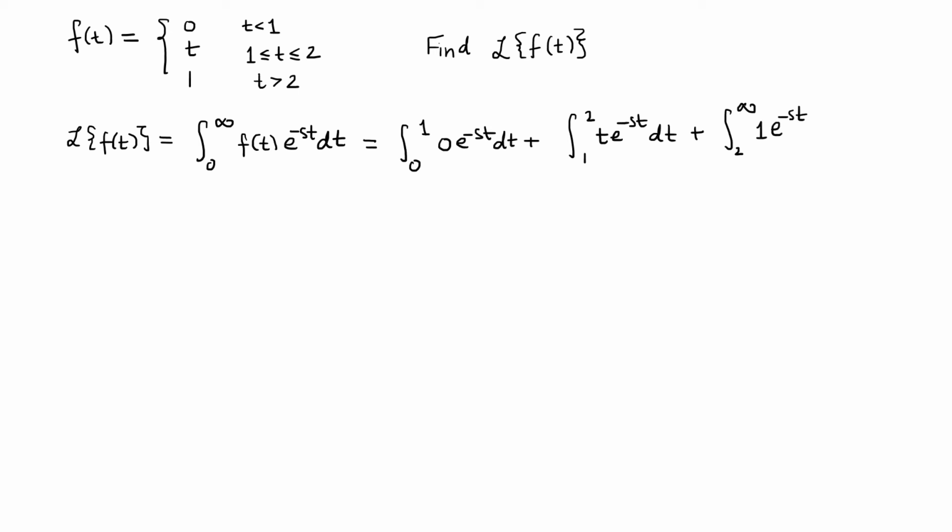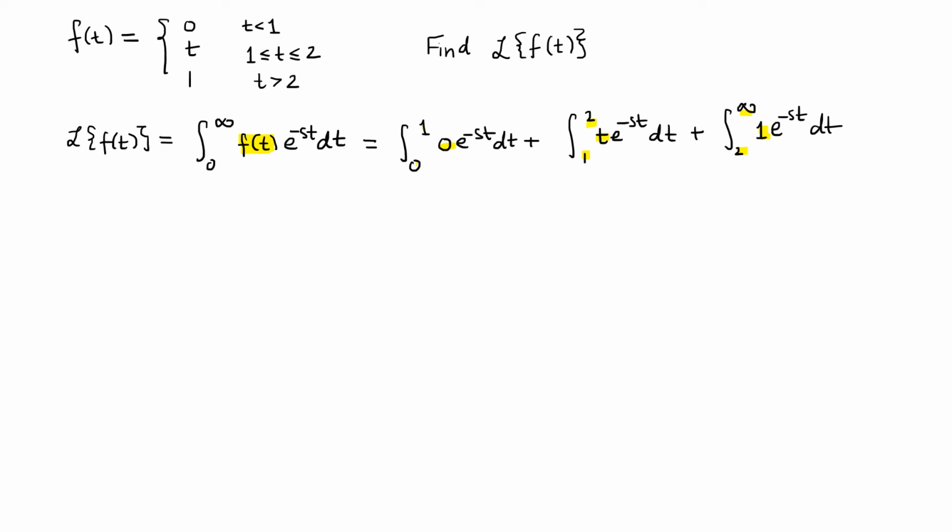So what we're doing is we're replacing f of t with the appropriate piece based on the interval that we're looking at. Okay, so between 0 and 1, we look like 0. From 1 to 2, this looks like t, and from 2 to infinity, our function looks like 1.